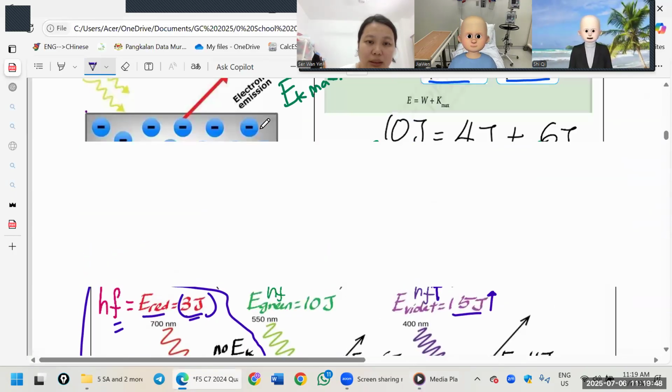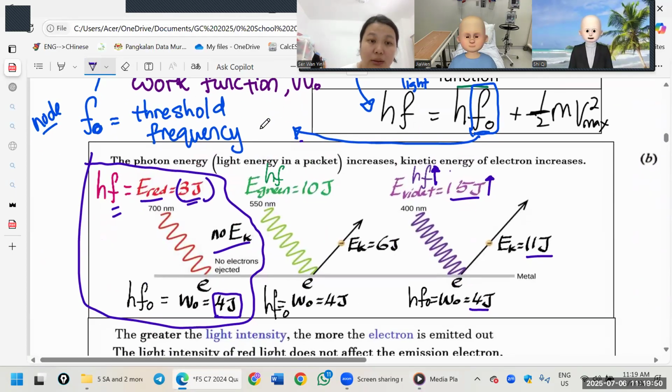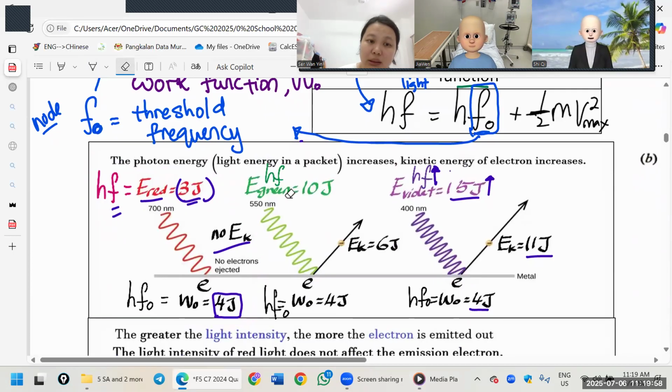So why does a red photon give no electron?